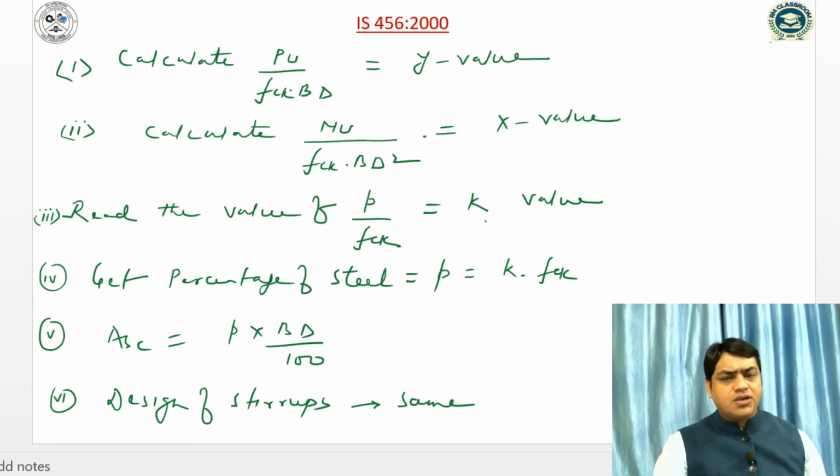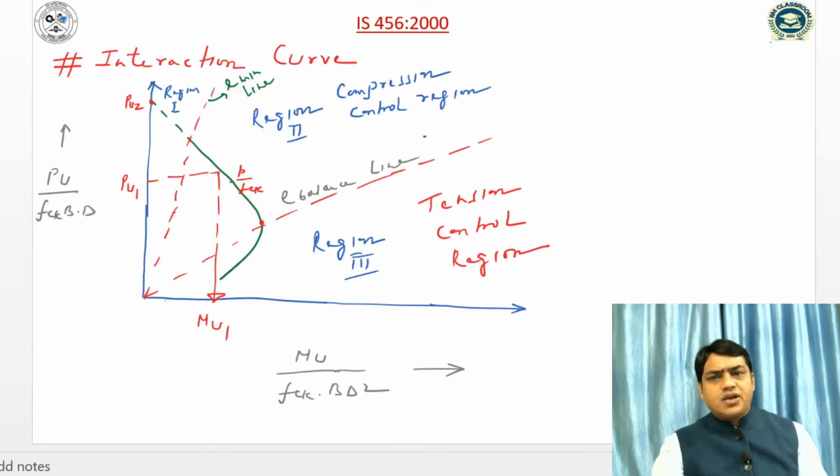Let us assume this value is K. Get the percentage of steel, that is P is equal to K times FCK, and P can be written as 100 AST by BD. With the help of that we can compute the ASC, and the design of stirrup is the same as whatever we have discussed earlier.